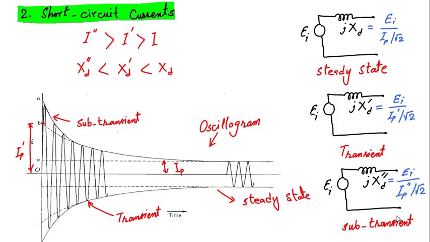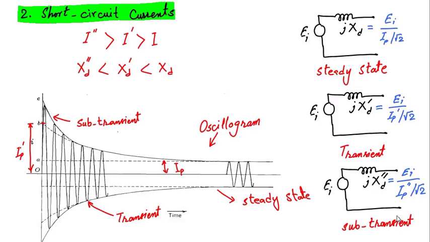Next we calculate the sub-transient reactance jXD double dash. XD double dash is equal to EI over IP double prime divided by root 2, meaning the RMS value of sub-transient current. When we divide the induced EMF by that RMS value, it gives us the sub-transient reactance. So how do we obtain that IP double dash? That is obtained from this oscillogram.